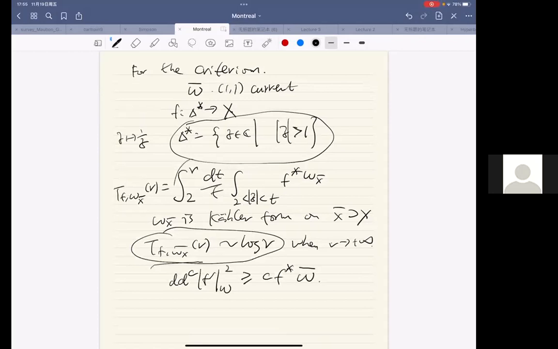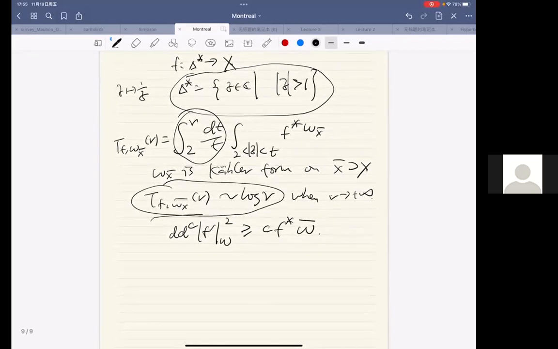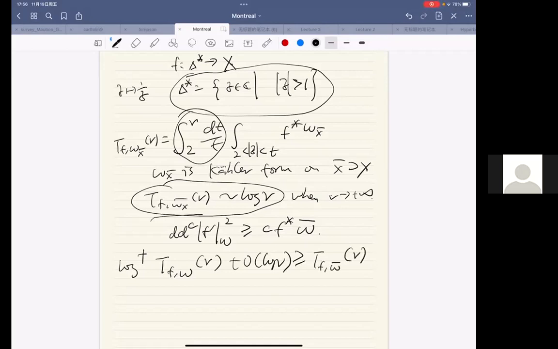Then you take this operator to both sides, and you are reduced to using some tricks in Nevanlinna theory. What you finally achieve is the following, plus some O(log r). There is some calculation we have to do, and you get something here and some error terms.